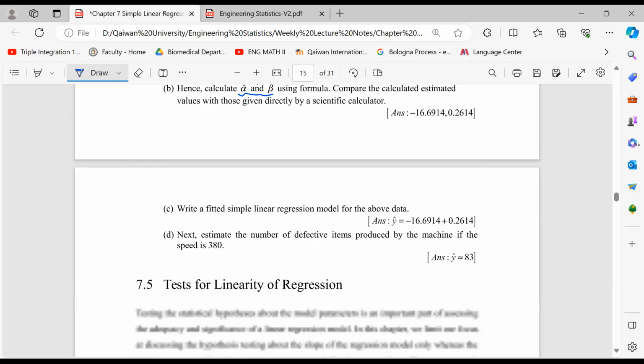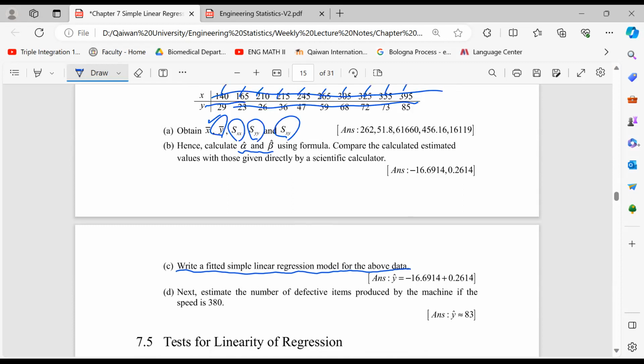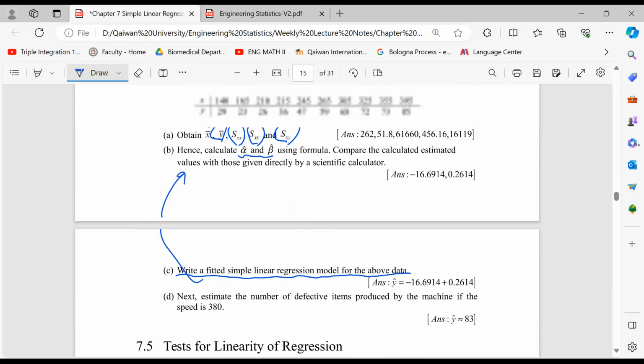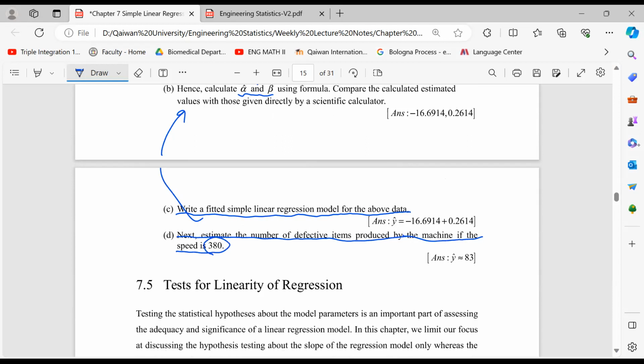And then it says write a fitted simple linear regression model for the above data. It means find the equation. In the equation we just need alpha hat and beta hat. In the previous part, you found alpha hat and beta hat. Just plug these two into the equation, and you get the result. Next, estimate the number of defective items produced by the machine if the speed is 380.